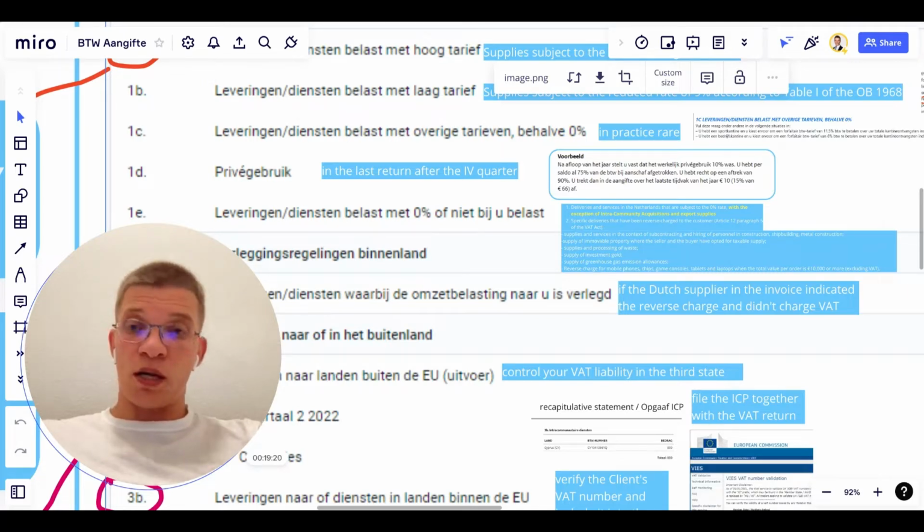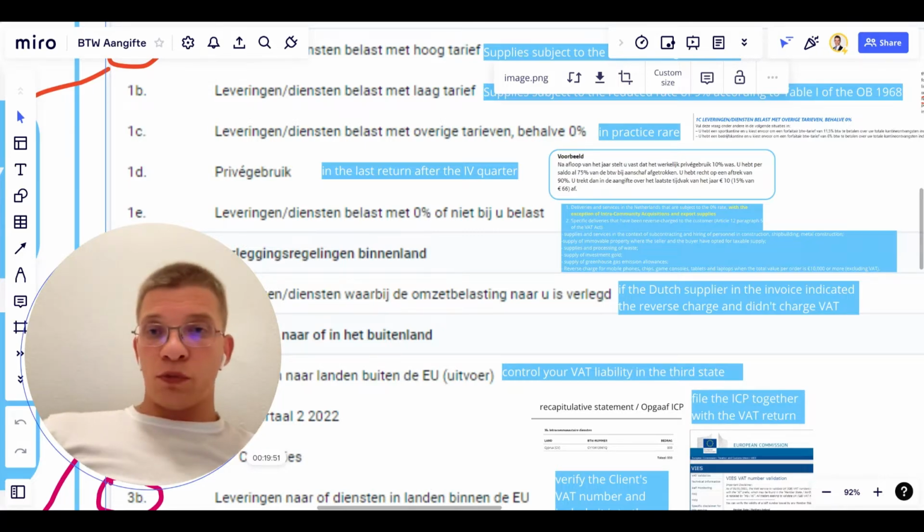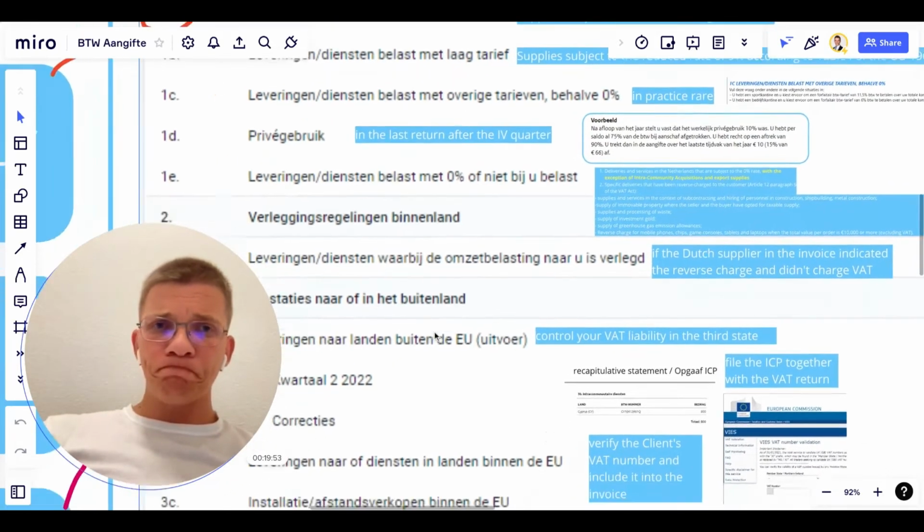In this case, I can, in this section, use the final 25% portion, and I can increase the amount of VAT which would be deductible from my VAT which I need to pay to the tax authority. So this is an important one.